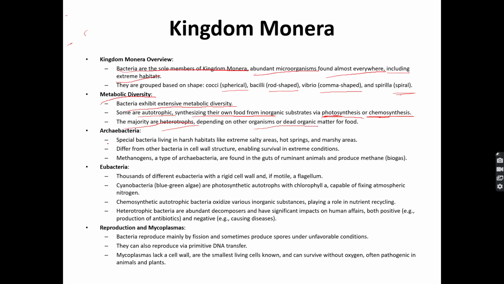Then these bacteria can be of two types. They can be archaebacteria, they can be eubacteria. Now what are those? Archaebacteria, as the name suggests, archae means old or primitive, and eu means new.